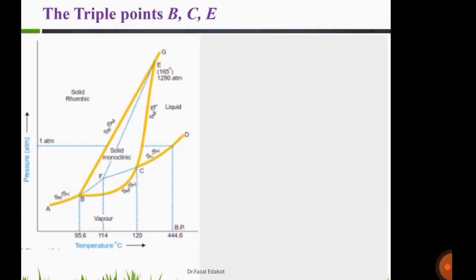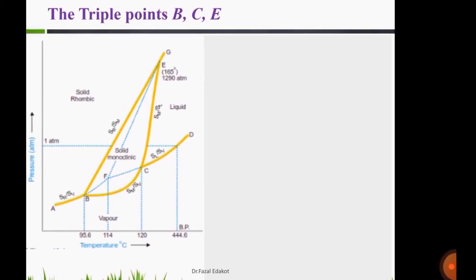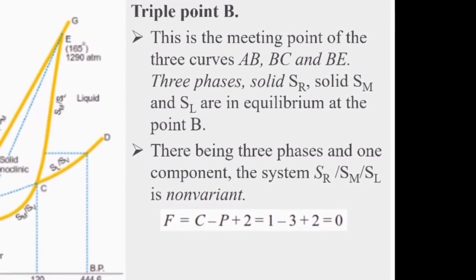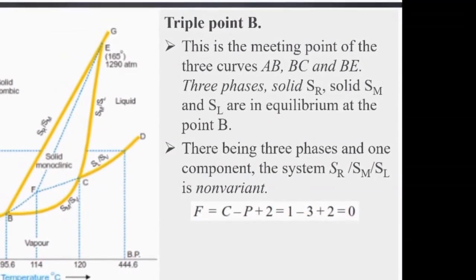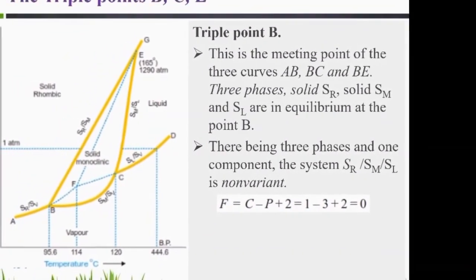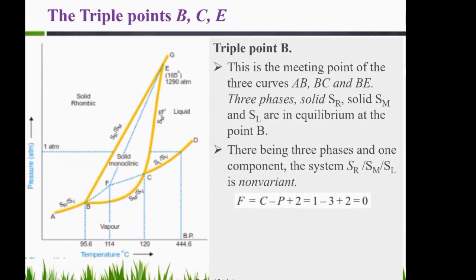Now we'll talk about the triple points. There are three triple points, as we discussed. The three triple points are non-variant. This is the meeting point of the three curves AB, BC, BE. That is triple point B. We have already mentioned the first triple point. What does triple point mean? Three phases are joining together.